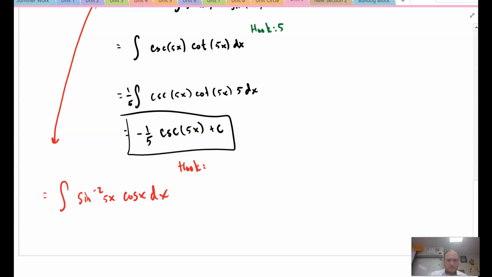Okay, so you could go ahead and do it that way, right, and that would be cosine of x and then times the 5, and you could get the same exact answer here.